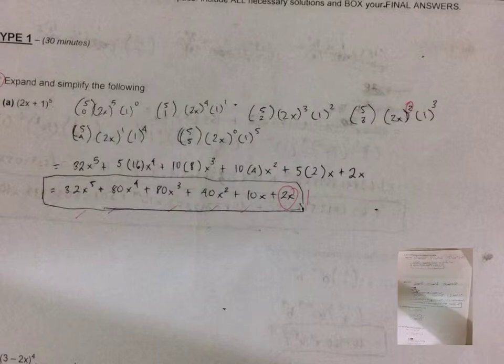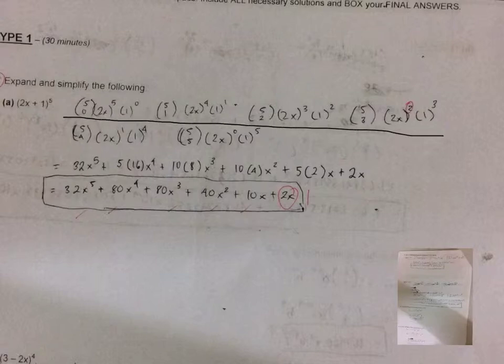As I can see, you were able to set up the expression to get the final answer. So 5 combination 0, 5 combination 1, 5 combination 2, 5 combination 3, 5 combination 4, 5 combination 5. That's correct.